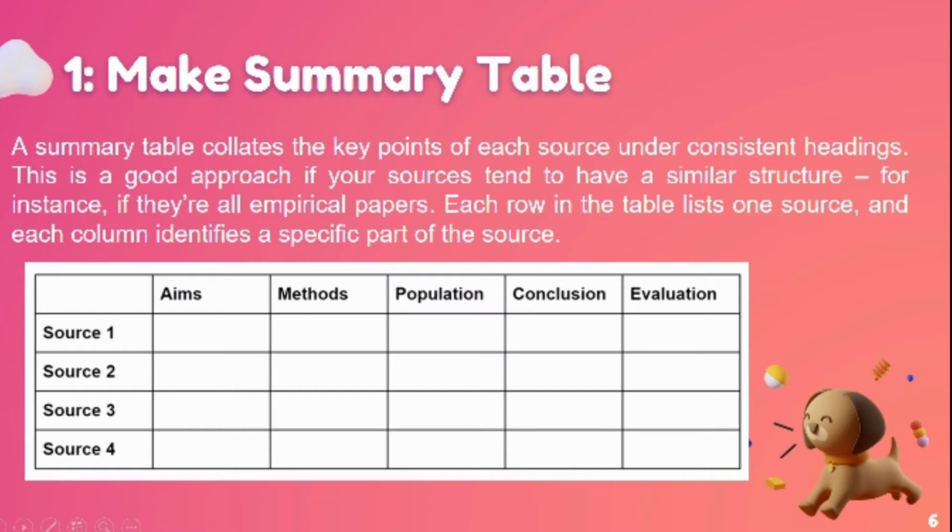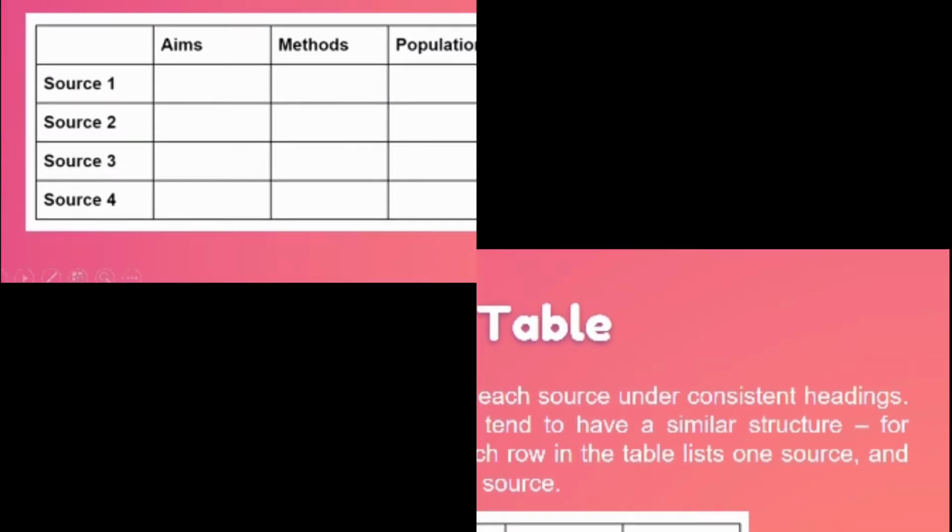Each row in the table lists one source, and each column identifies a specific part of the source. The summary table gives you a quick overview of the key points of each source. This allows you to group sources by relevant similarities, as well as noticing important differences or contradictions in their findings.